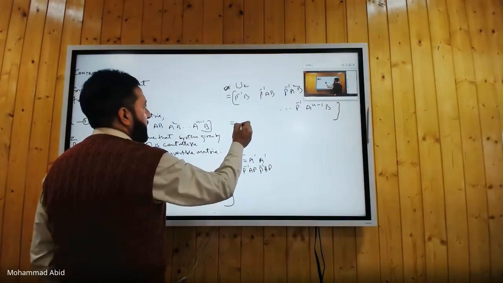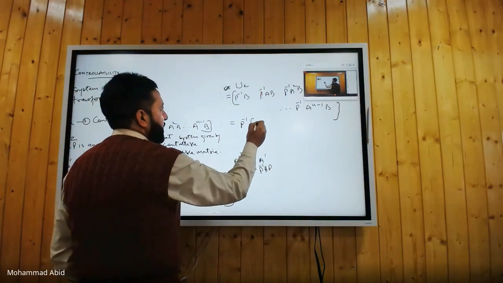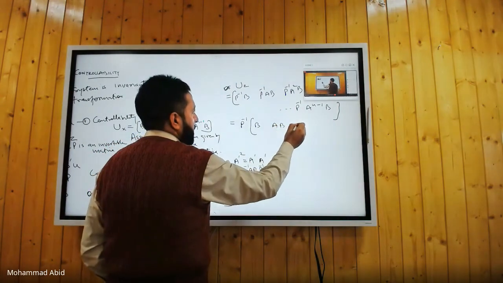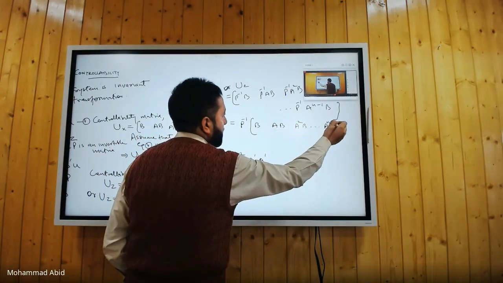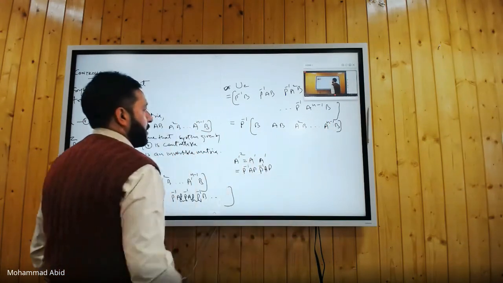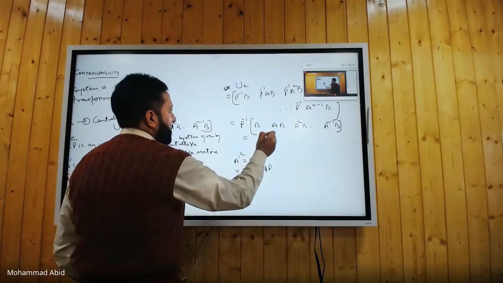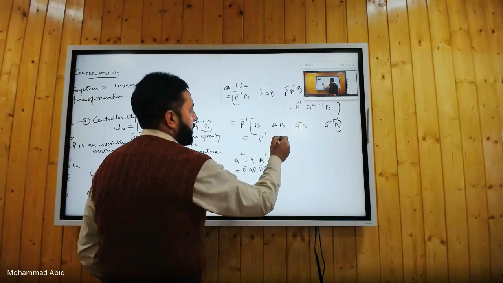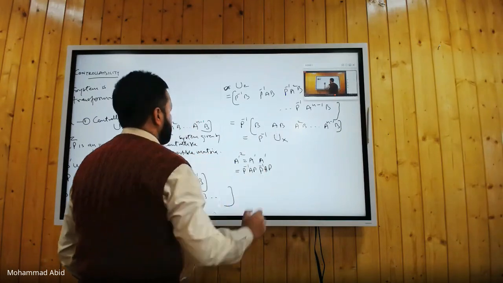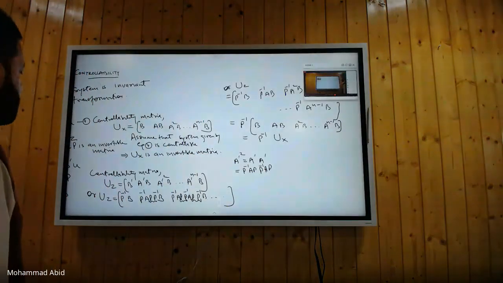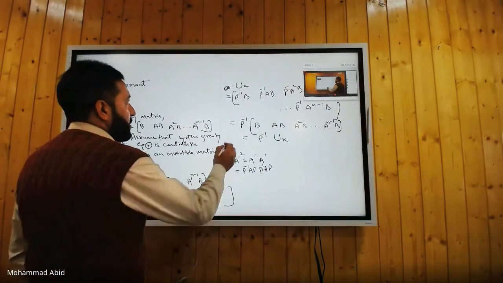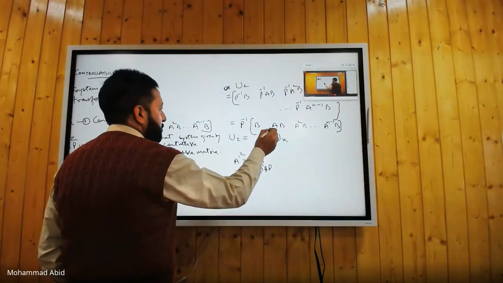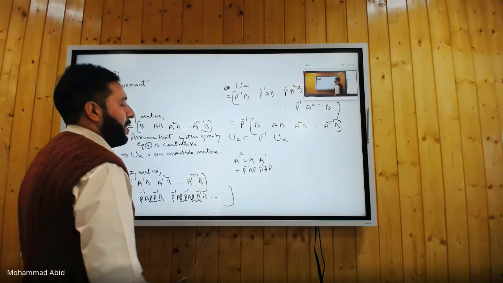So P inverse I can take out. What will I get inside? That is B, AB, A square B, so on, up to A to the power n minus 1B. Or I can write it as P inverse and what is this? This is your UX. Is that clear? So this UZ is coming out to be equal to P inverse into UX.